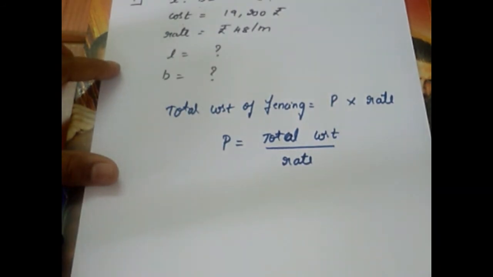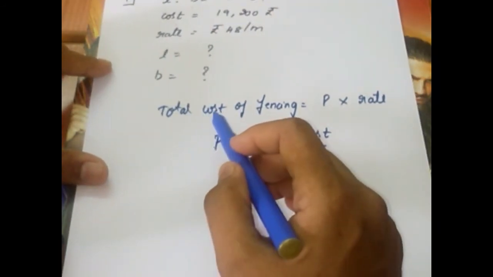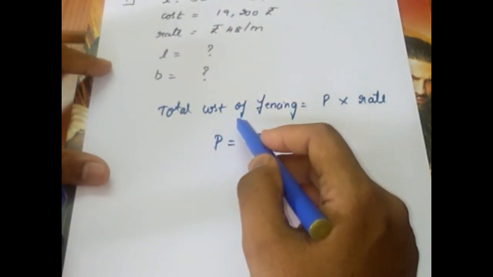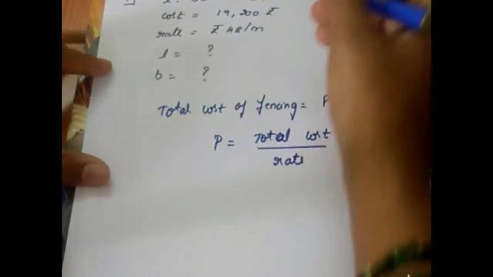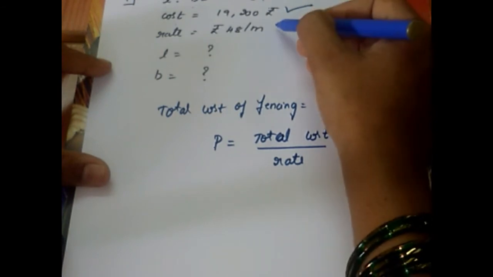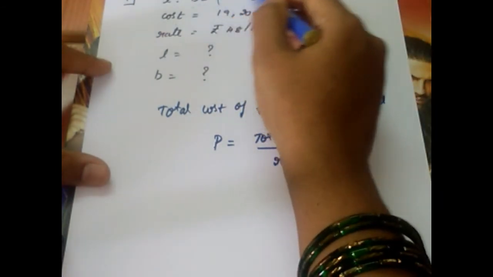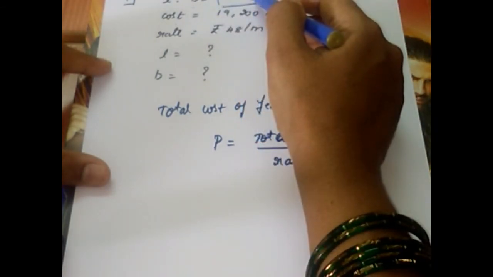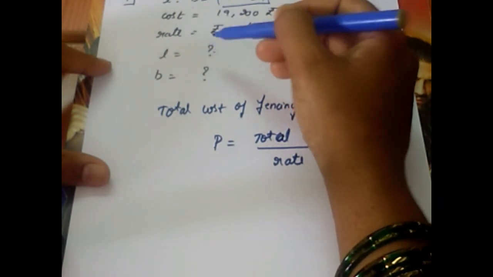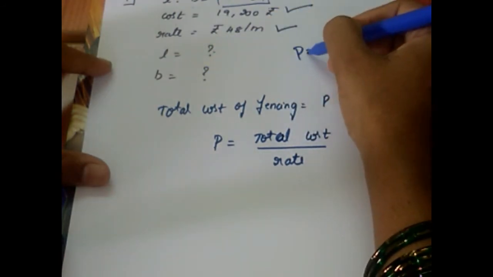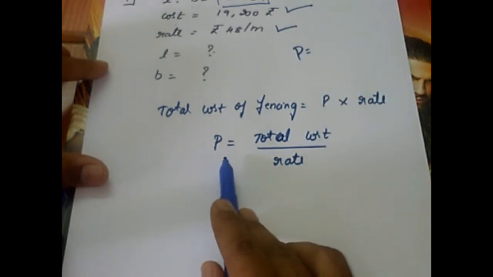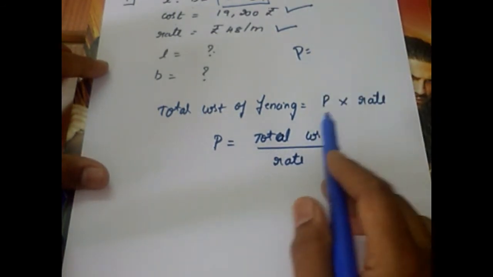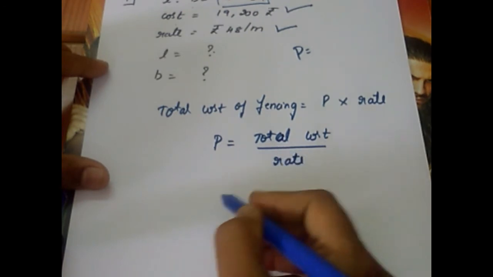This is the clue point. Till now we calculated the problem that total cost of fencing is perimeter into rate. So in this problem, cost is given, rate is given and the length and breadth is given in ratio. So to know the measure of length and breadth, I need perimeter. So how do you get perimeter? Perimeter can be calculated by using the formula total cost by rate.